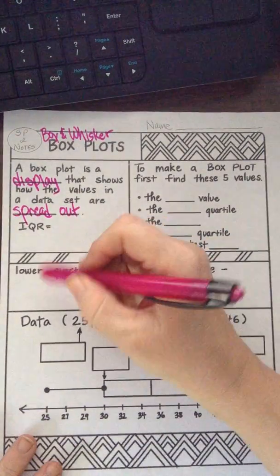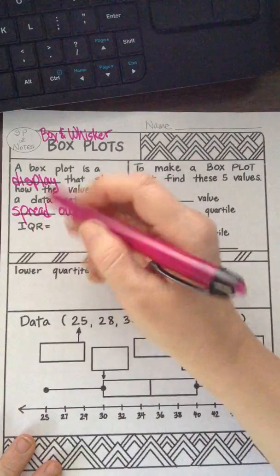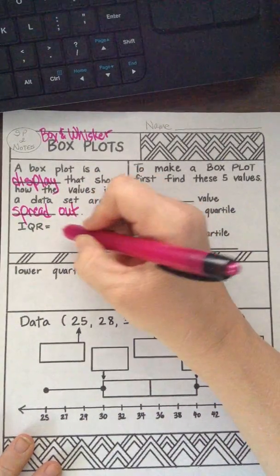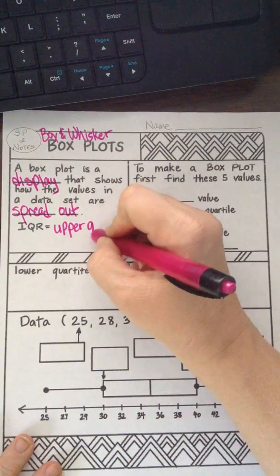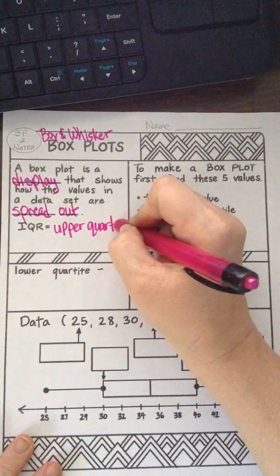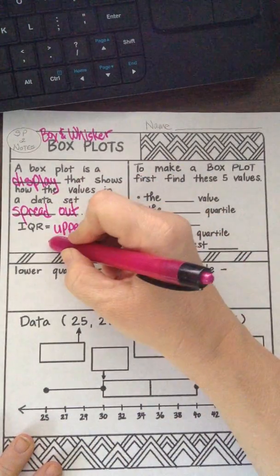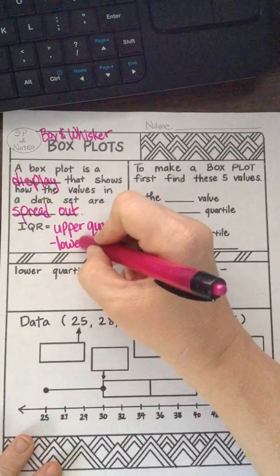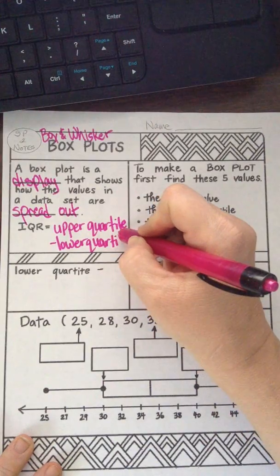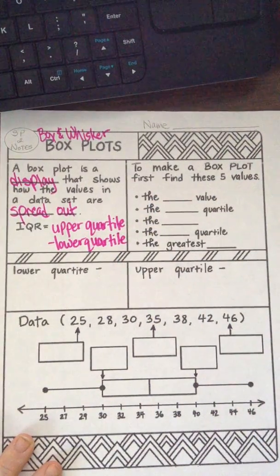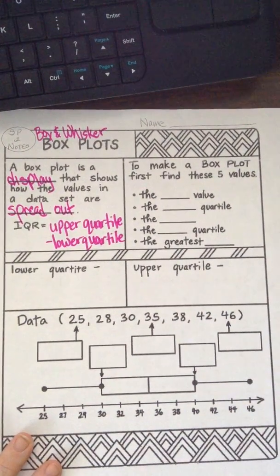So we have what's called an IQR. That is the upper quartile and a lower quartile. And I'm going to show you those in just a moment.